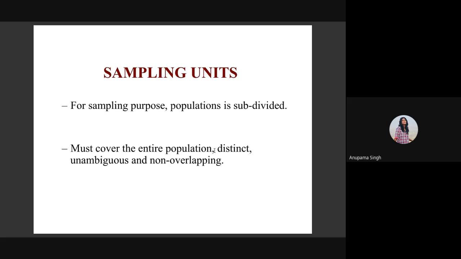Now, if in the same household you want to study education, there might be 4 children in the household, or 3 children, or 2 children, right? In that case, your sampling unit will change. For each child in a household, there will be one sampling unit. So that is how the sampling unit changes.